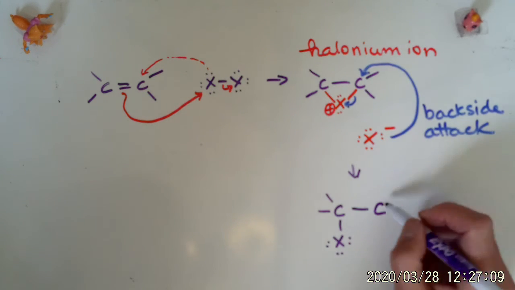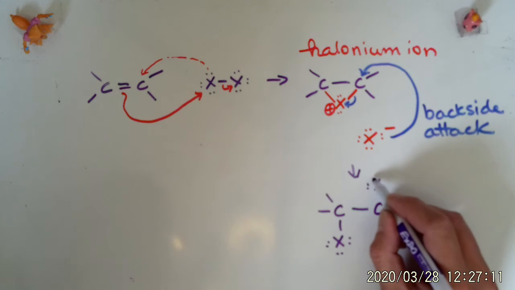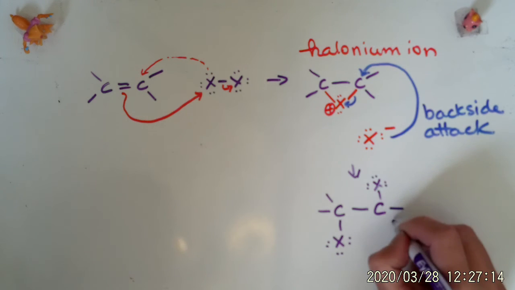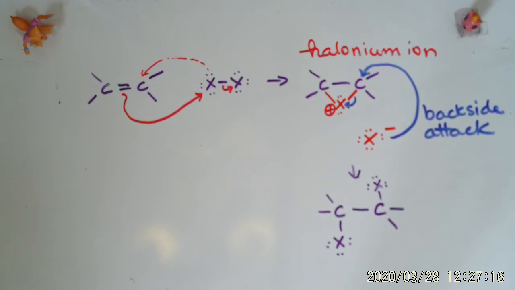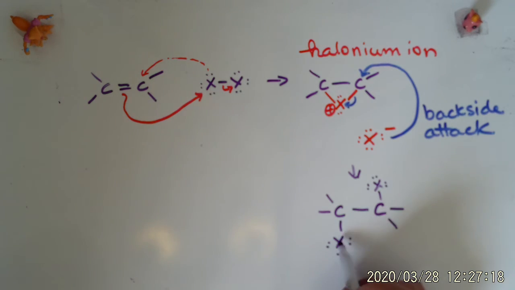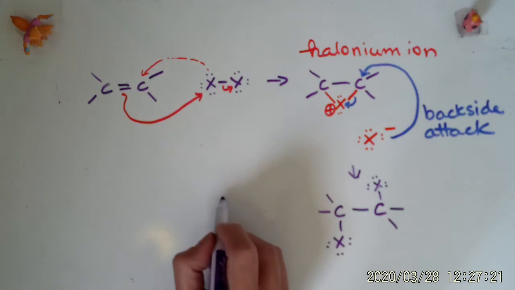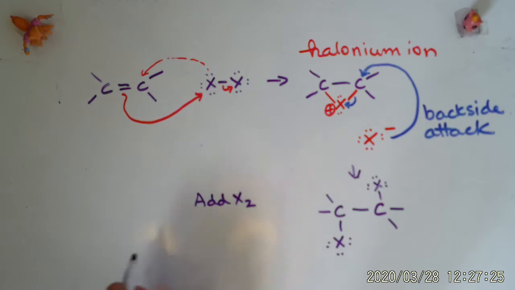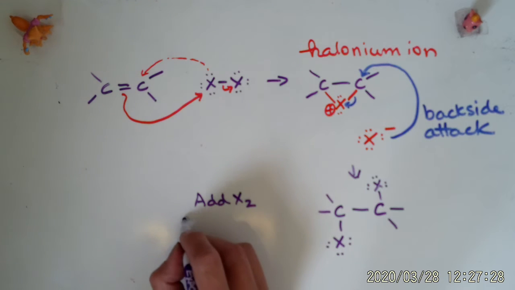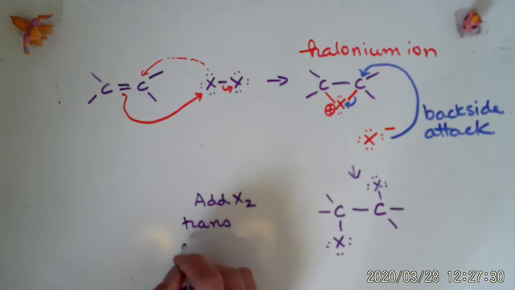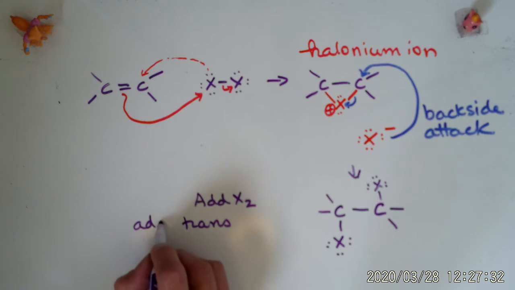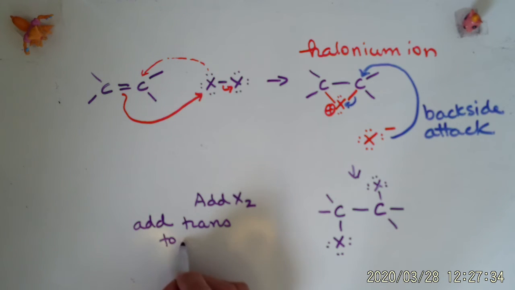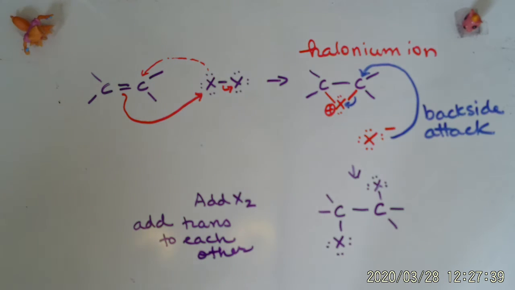The backside attack from here, you get something like that. Okay, so notice the orientation. So when I add my halogen, they're going to add trans to each other. All right, so let's take a look.